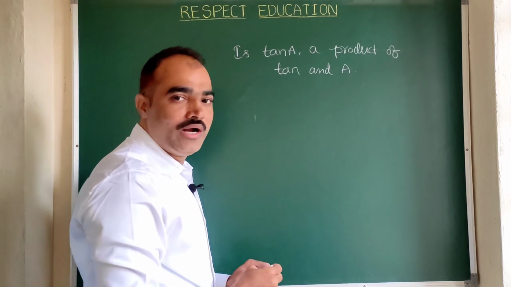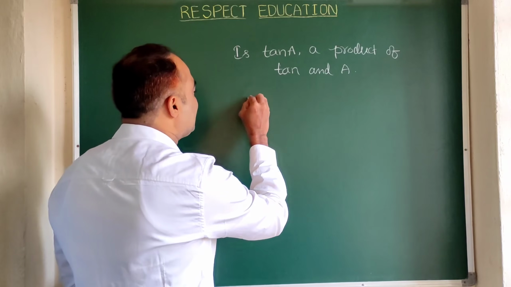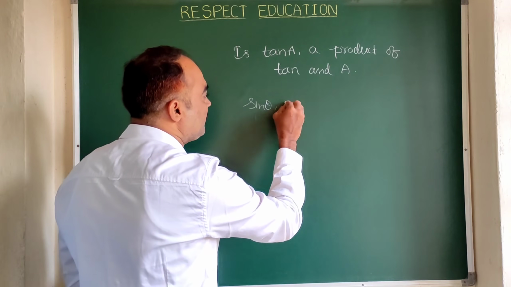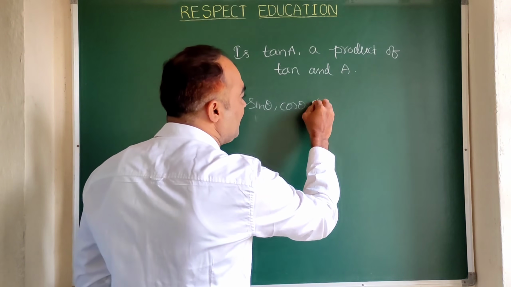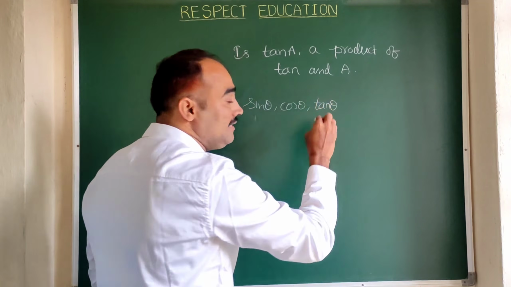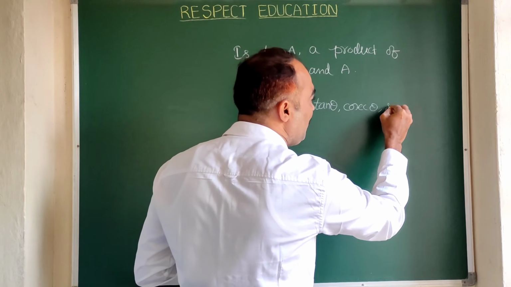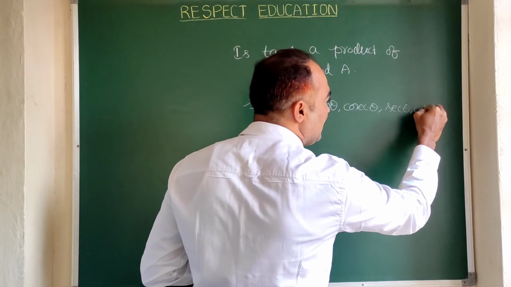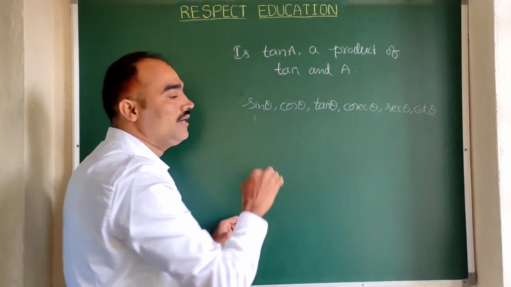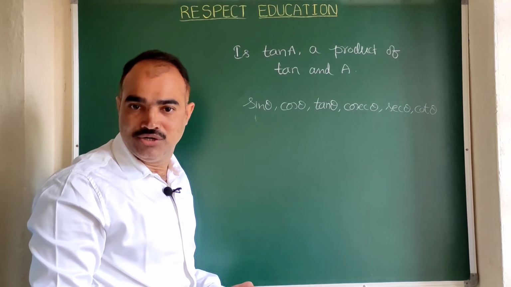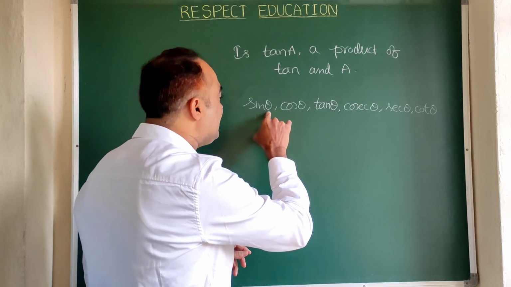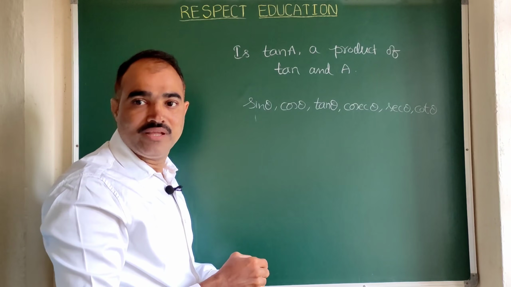Actually here you do understand that sin theta, next cos theta, tan theta, like that here cosecant theta, secant theta, these all will be upcoming for you. Till now we did not enter. So these 6 are called trigonometric ratios. Here this theta indicates angle.